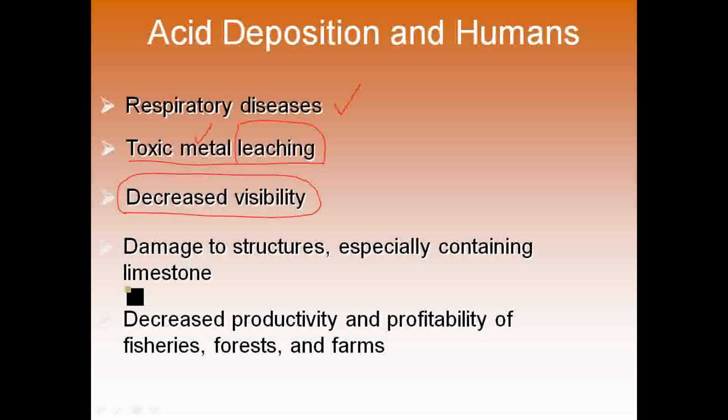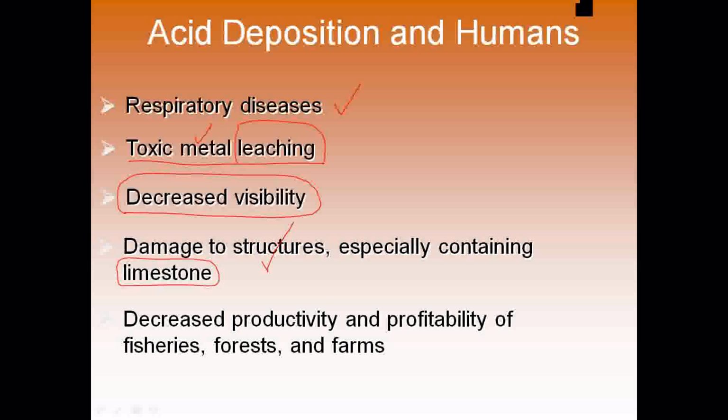Damage to structures. Limestone is particularly susceptible, and limestone is in marble, is particularly susceptible to pH changes. So the acids actually break down marble, and we see some of our ancient structures being damaged quite a bit by acid deposition.